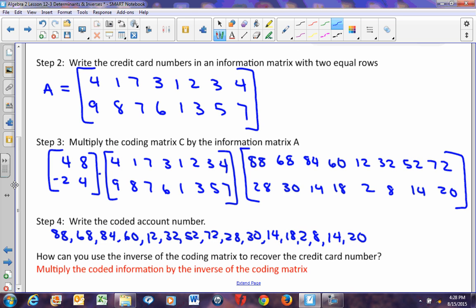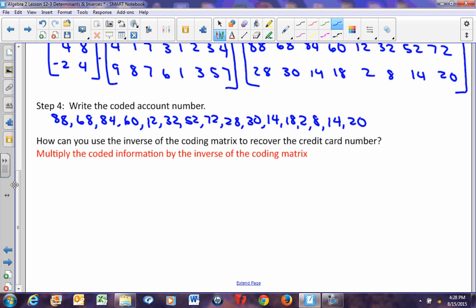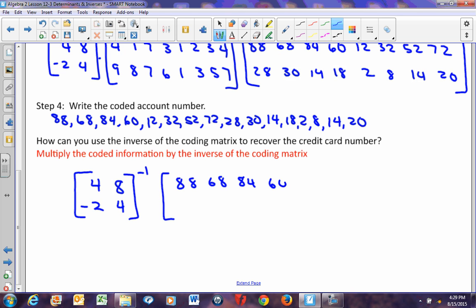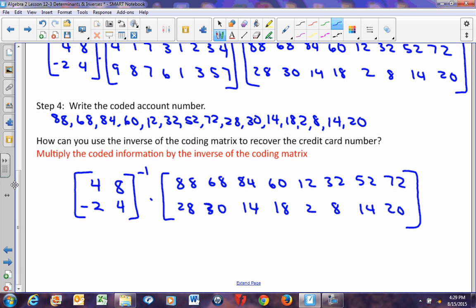So in other words, if I wanted to get back to my original credit card number, I'm going to take the coding matrix, which was 4, 8, negative 2, 4, take its inverse, and multiply that by my new numbers, 88, 68, 84, 60, 12, 32, 52, 72, and 28, oops, 30, sorry, 14, 18, 2, 8, 14, 20, and that'll get me right back to my original credit card number.